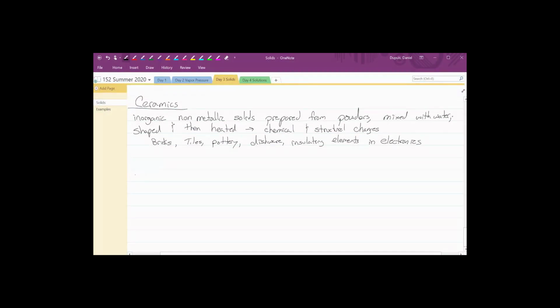Another thing that your book goes into is cement, which is a mixture of CaCO3, limestone, SiO2, silica, Al2O3, alumina, iron 3 oxide, and calcium sulfate dihydrate, which is gypsum.